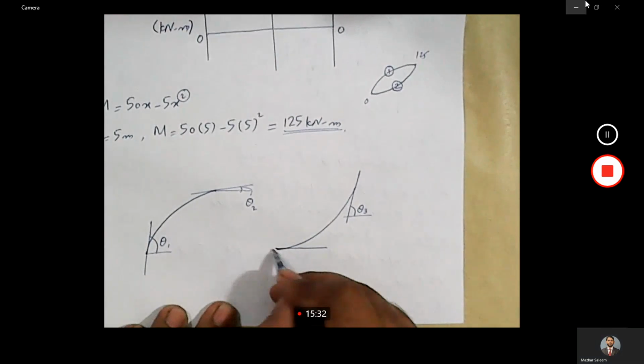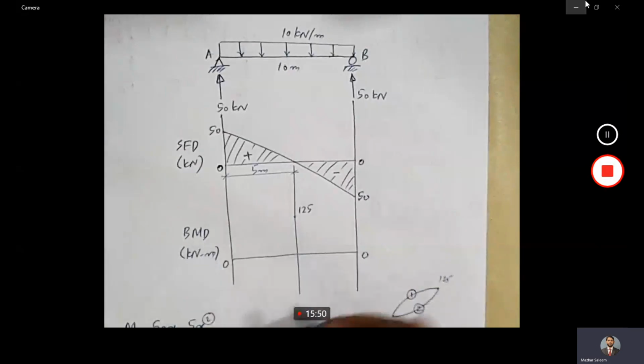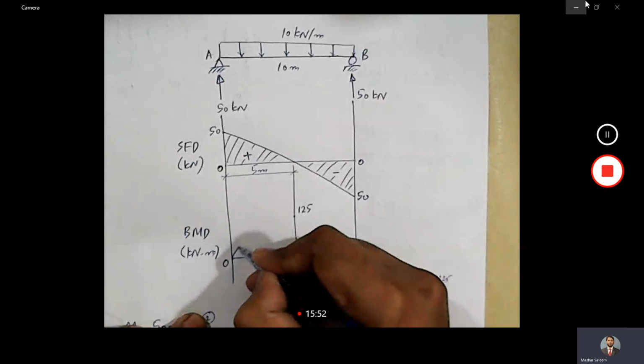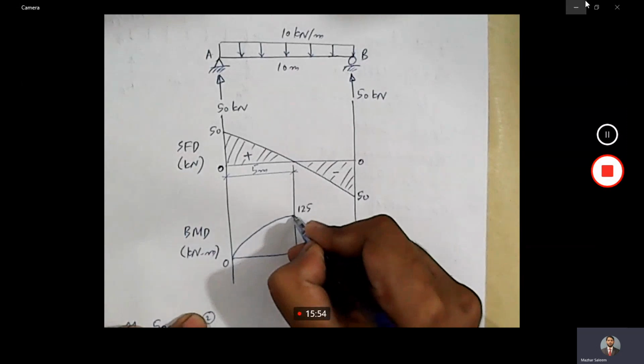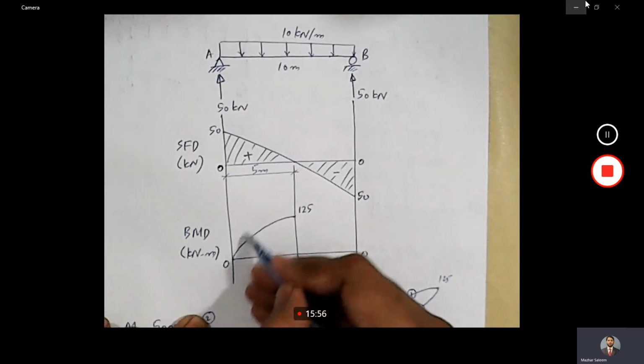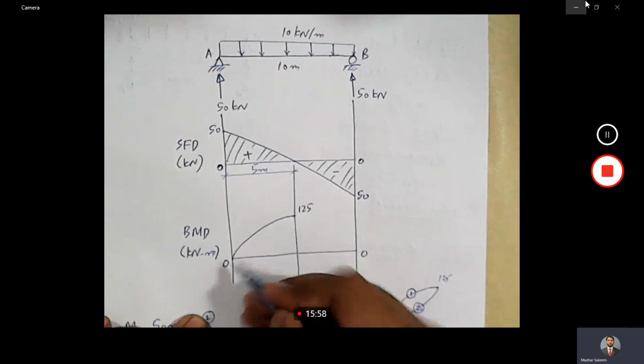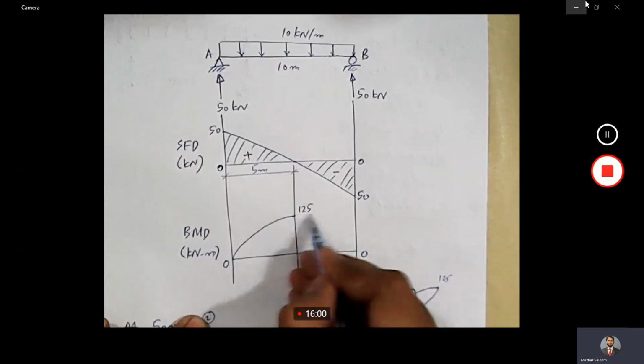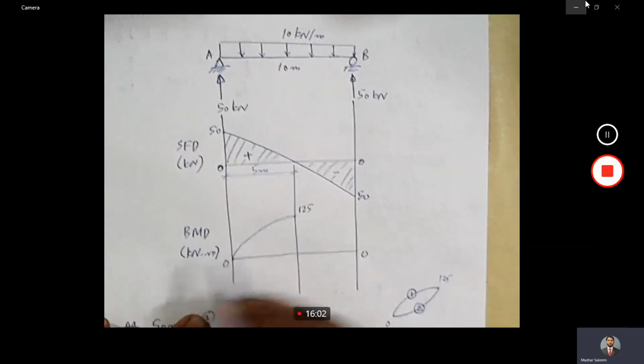Here, magnitude of shear force is decreasing. So we will draw a curve with decreasing slope, and it will be somewhat like this. The slope of this curve has some value here, and the slope is 0 at this point if I draw a tangent here.